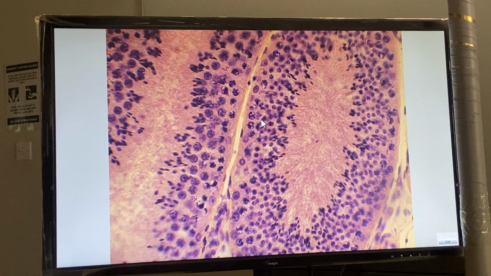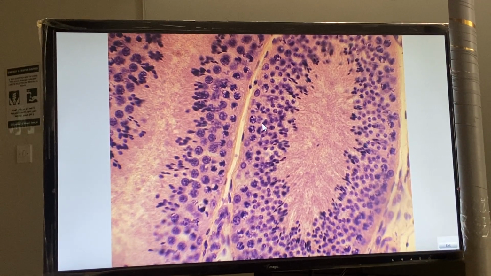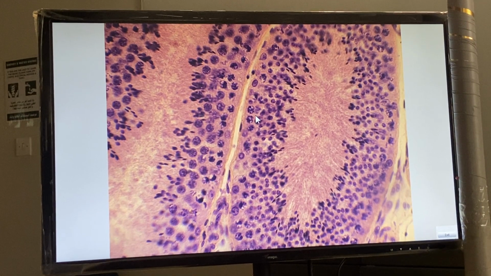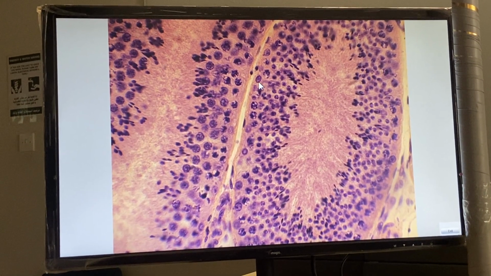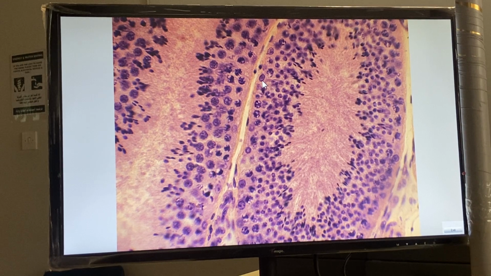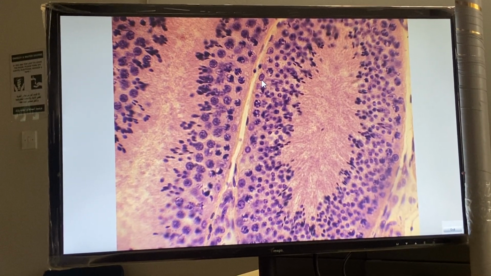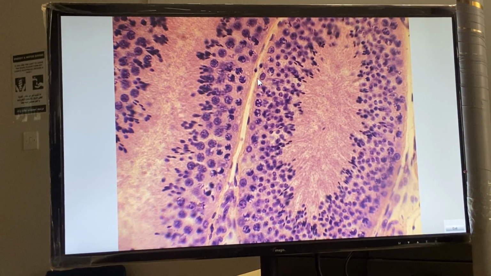The other type of germinal epithelium cells called spermatogenic cells. At the tip of the pointer is the spermatogonia. Spermatogonia located next to the basement membrane.